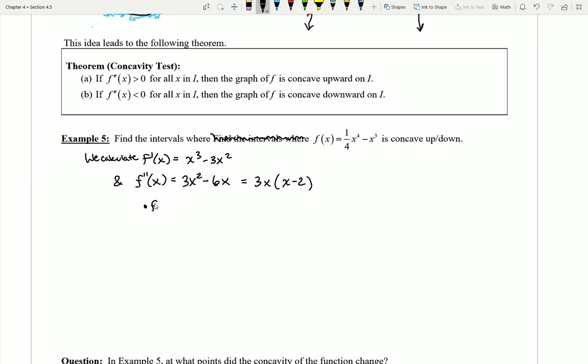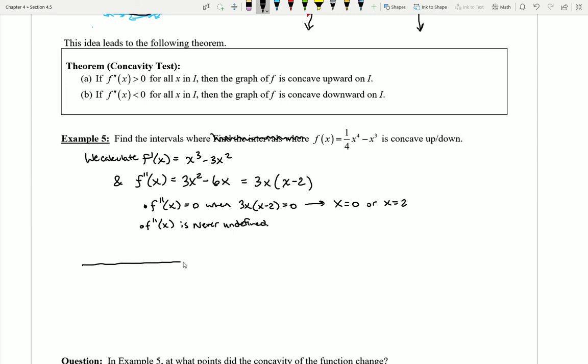So I'll see here that f double prime of x is equal to 0 when 3x times x minus 2 is equal to 0, which of course is going to lead me to x could be equal to 0 or x could be equal to the value of 2. I can also see here that f double prime of x is never undefined because, of course, it's a polynomial and no value I can plug in for x will ever cause this to be undefined.